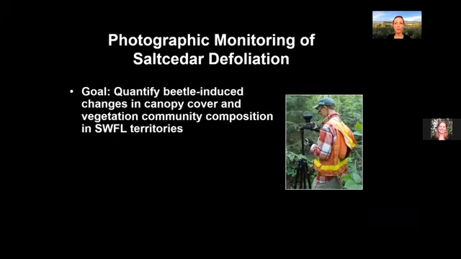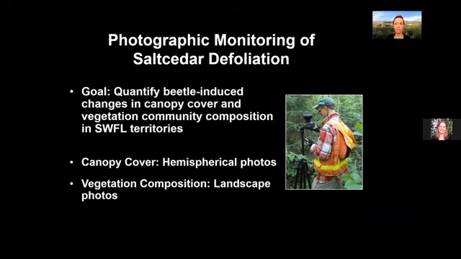So we're using photographic monitoring to quantify beetle-induced changes in canopy cover and vegetation community structure in flycatcher territories. Hemispherical photos are taken from within the riparian vegetation, facing upwards at the vegetation canopy using a fisheye lens. And landscape photos are taken with a normal lens facing inwards towards the vegetation community.